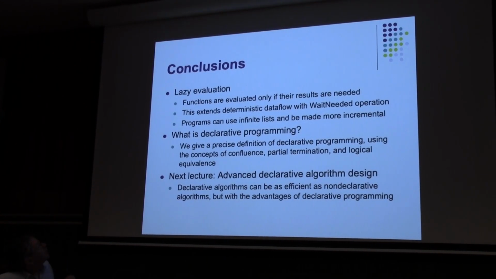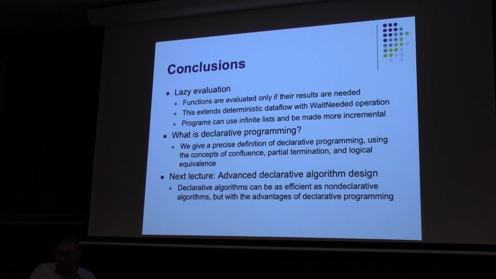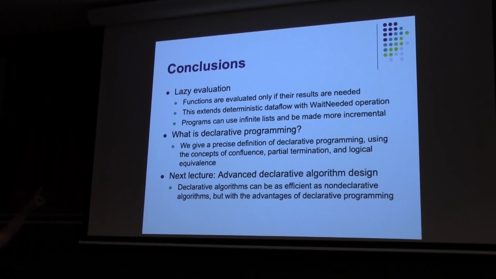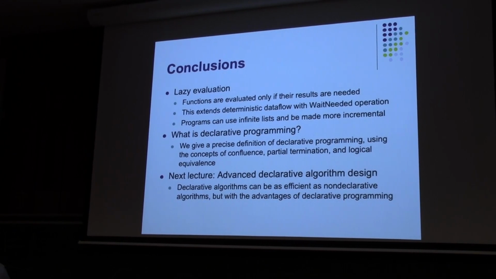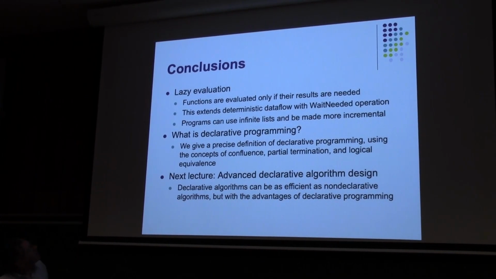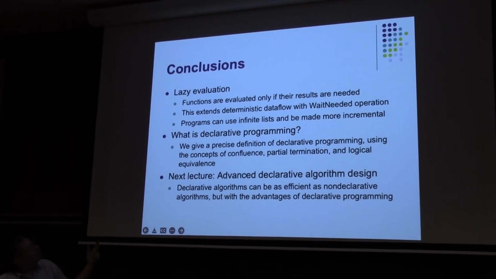Okay, let me summarize what we saw today. First, we saw lazy evaluation. I showed infinite lists, and I showed lazy quicksort, what you can do. Second, I explained what declarative programming is using confluence, partial termination, and logical equivalence.